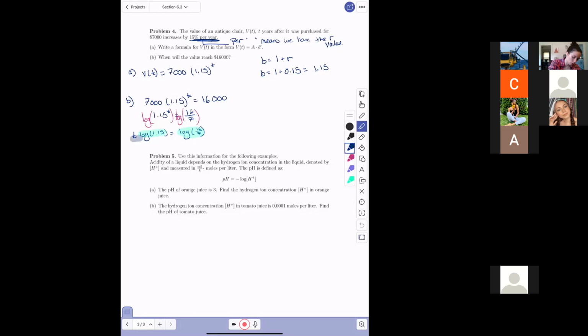So all you do is you go ahead and divide both sides by log of 1.15. So then T is equal to the log of 16 divided by 7 divided by the log of 1.15.